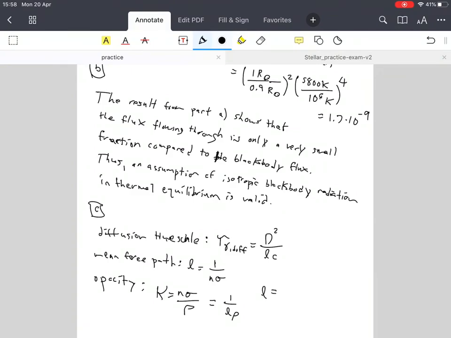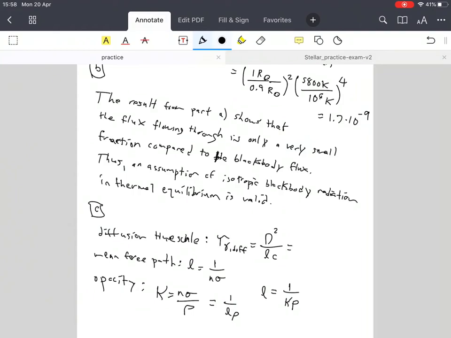And now solving for the thing we want, which is L, we've got that L is 1 over kappa rho.